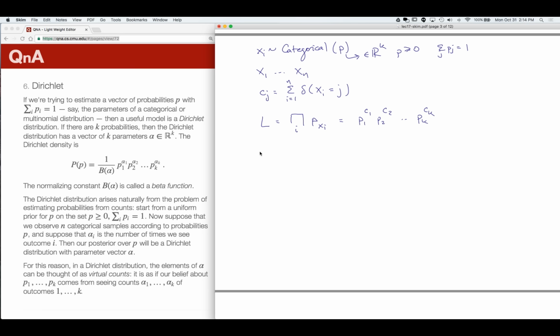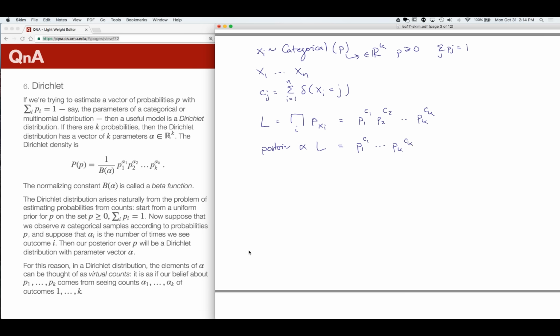Now our posterior will be proportional to our prior times our likelihood. We just said that our prior is uniform, and so it's going to be proportional to the likelihood, which we just said was p1 to the c1 up to pk to the ck, right?